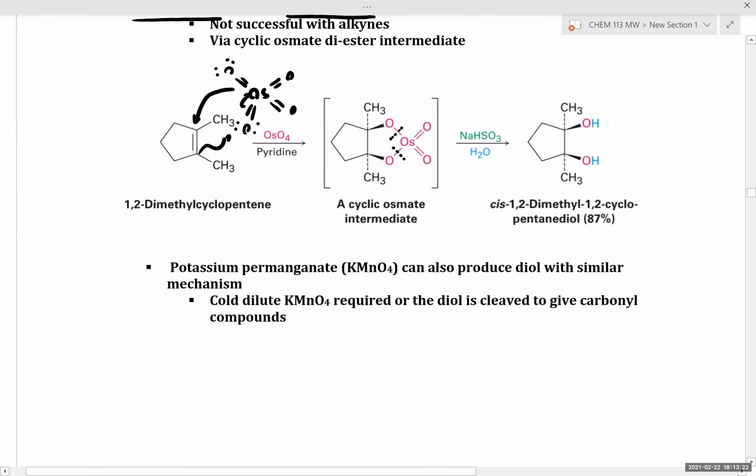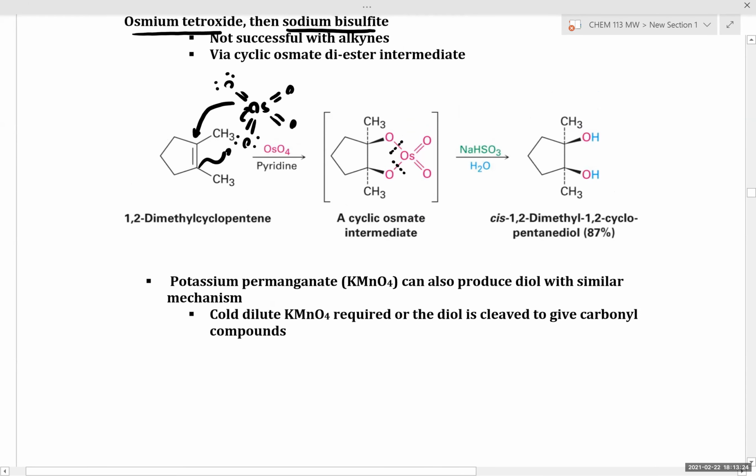Now, you can just as easily use potassium permanganate, but you have to be really careful and make sure it's run under cold, dilute conditions. Otherwise, the diol is cleaved. Many of these diols can be selectively cleaved with sodium periodate or cleaved in the presence of permanganate to generate diketones.